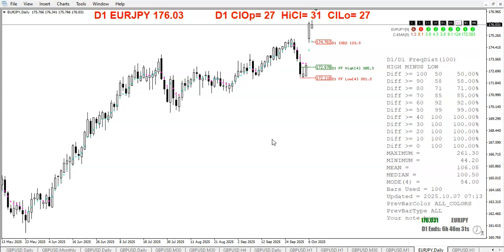So you can see pretty good daily range. It was over 40, 100% of the time, over 50, 99% of the time, over 60, 92% of the time, over 70, 85% of the time.